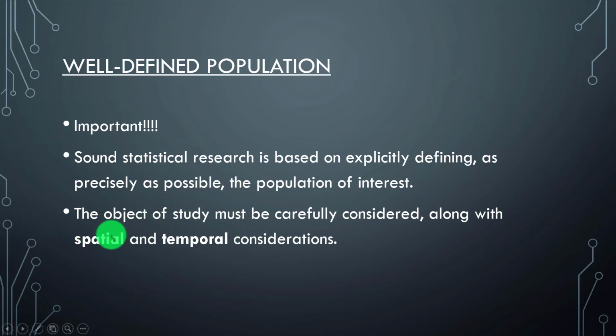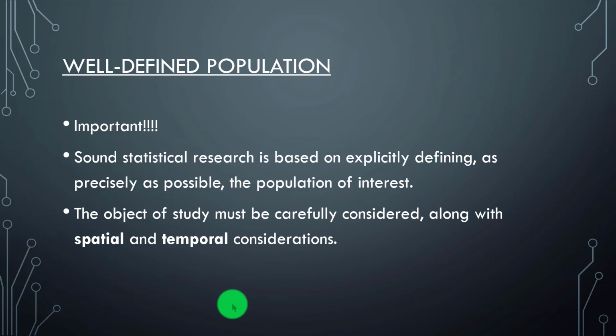Also, space. For instance, the Puget Sound orcas are probably exhibiting different behaviors and social structures than the orcas in the Southern Ocean. So time and space are important considerations when defining a population. An inference cannot be made to a population that was not represented in a sample.